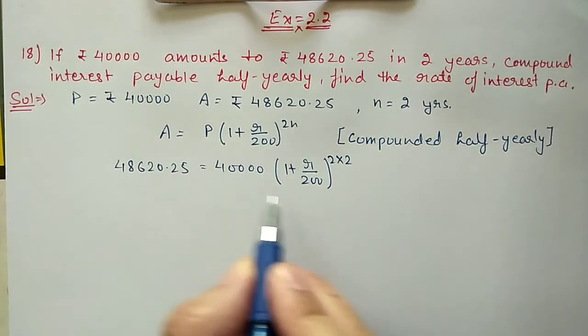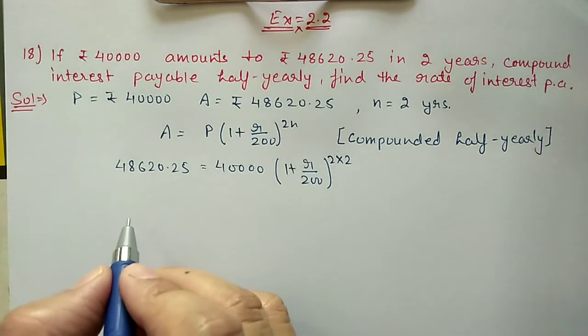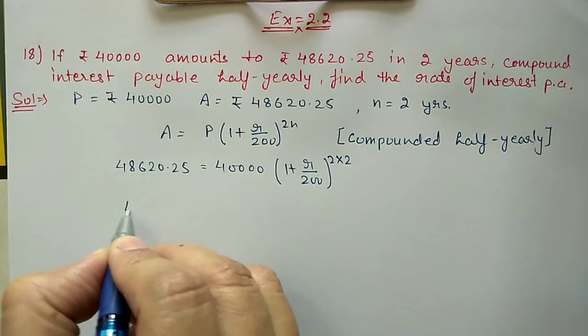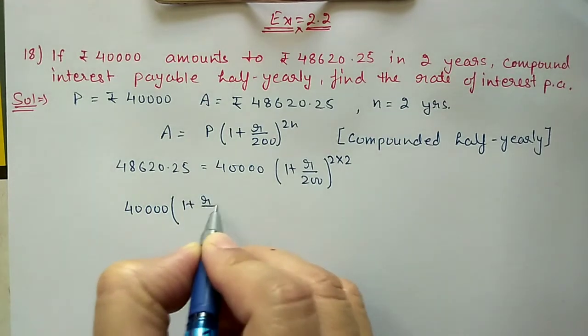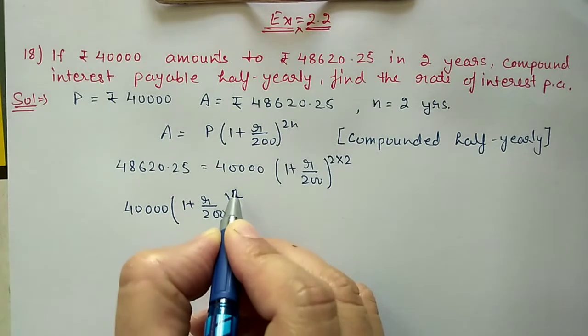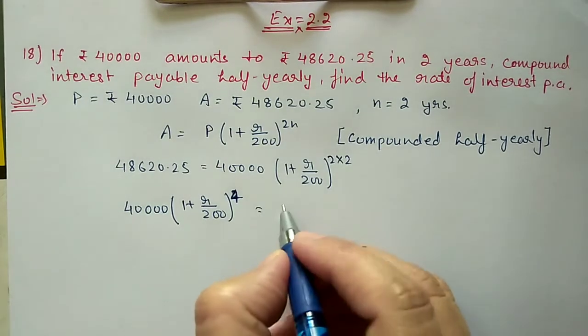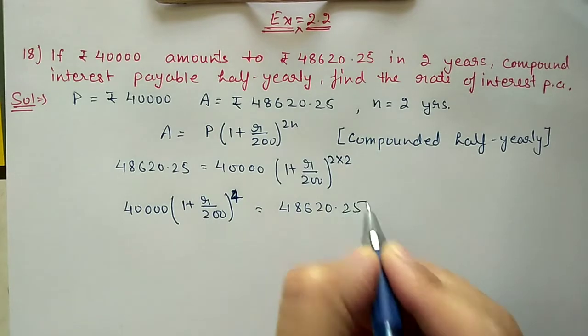Both the sides we can interchange because we have to find out the R, so we will keep R on the left side. So 40,000 into 1 plus R by 200 whole to the power 4, it will become 2 into 2, equal to 48,620 rupees 25 paise.